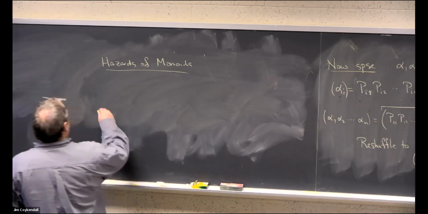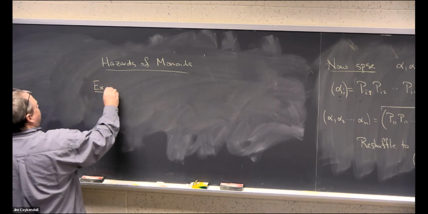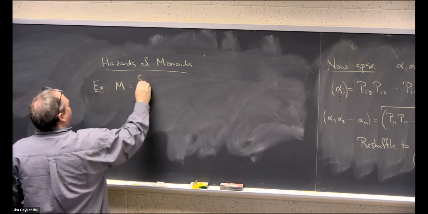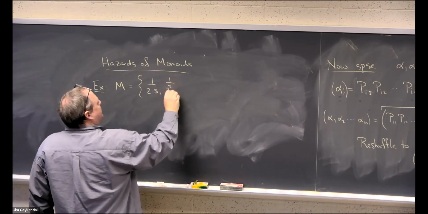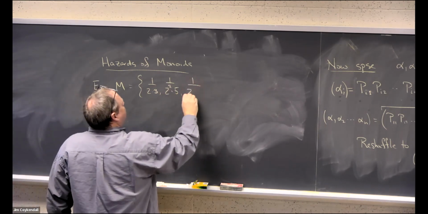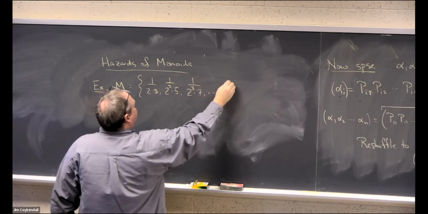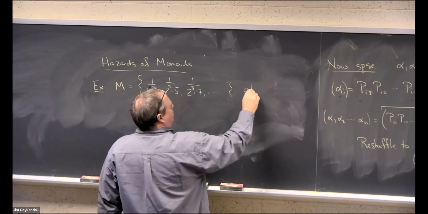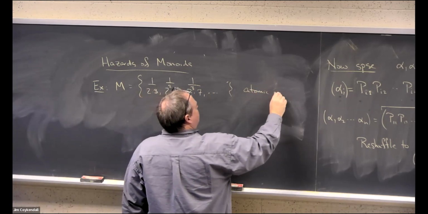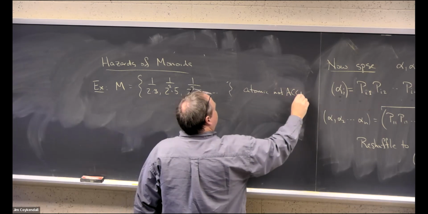So for example, if you had the Graham's monoid, which is now sort of effectively powered, then this is atomic, not ACCP.